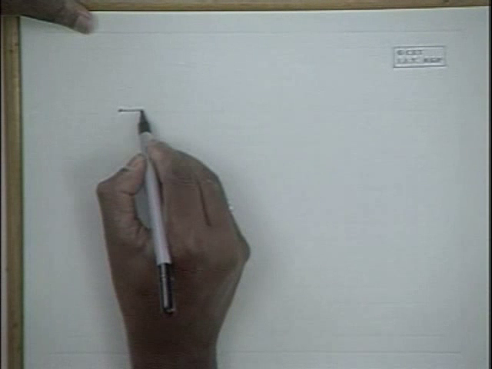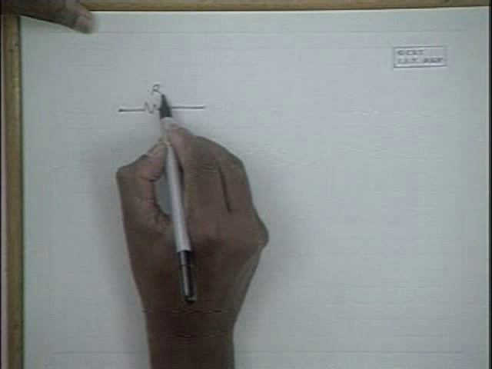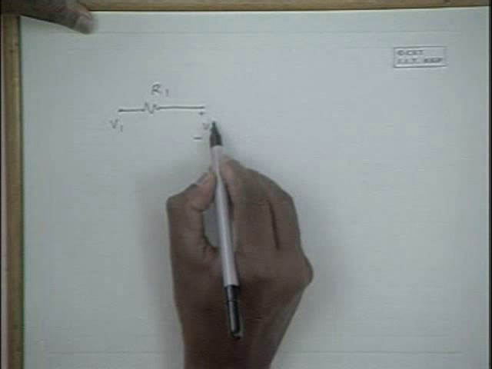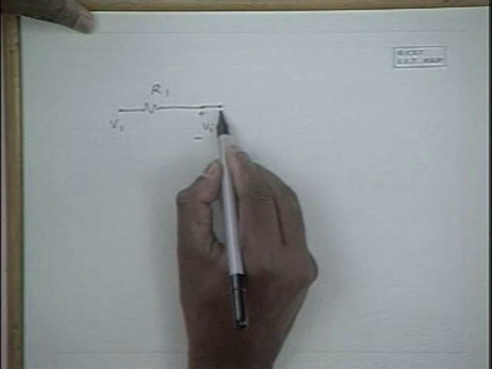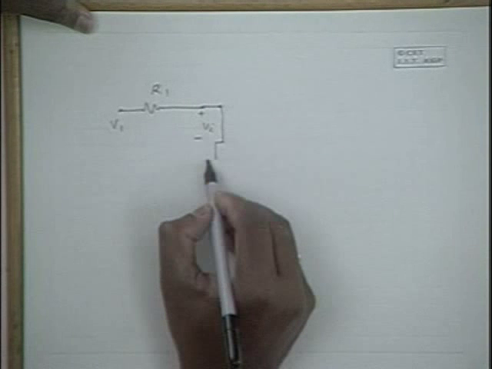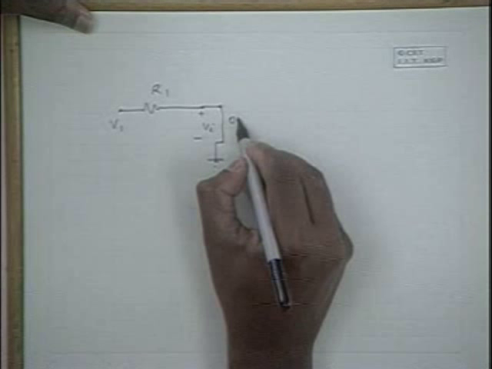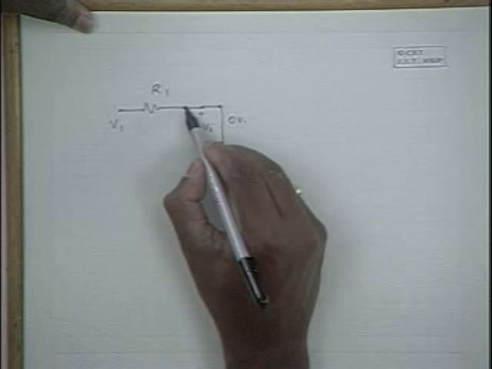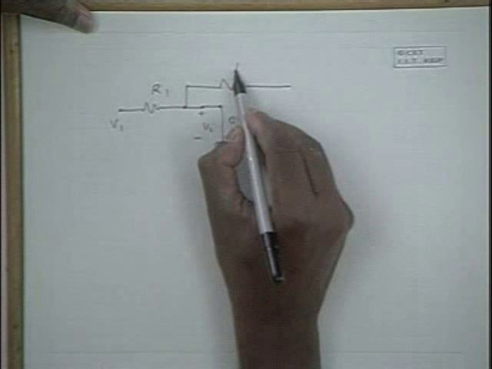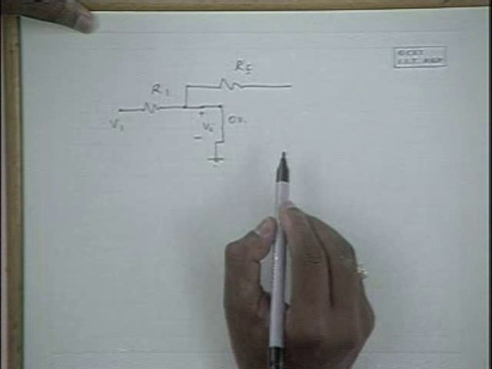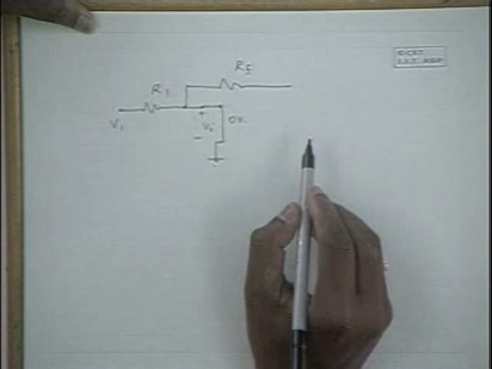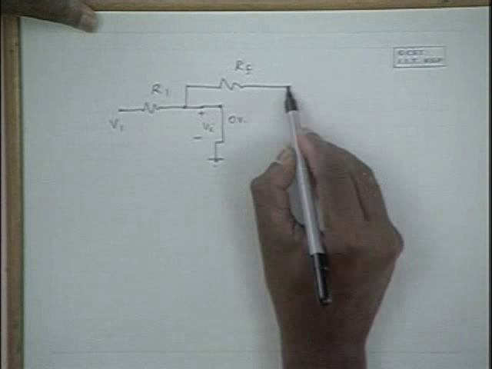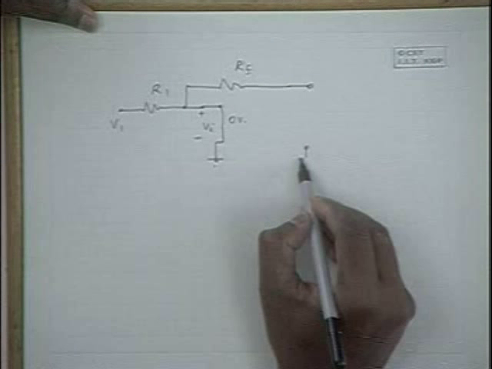So please note that this is R1 and this is V1 and this is Vi, and Vi now, because it's a virtual short to the ground, is at 0 volts approximately, and you have the feedback resistance here, RF, and you have the output potential here.